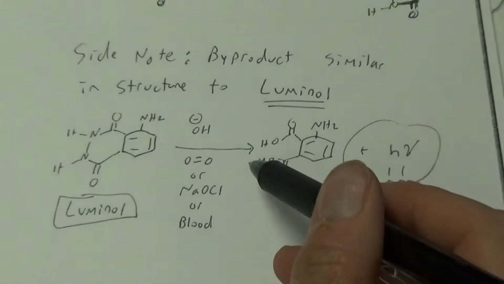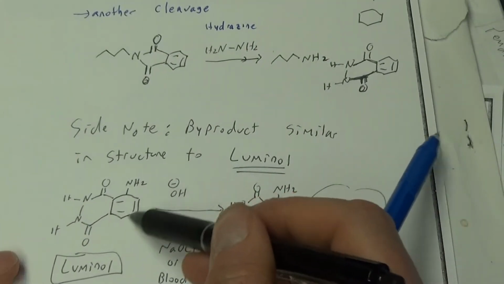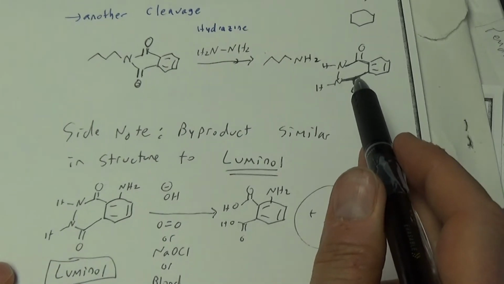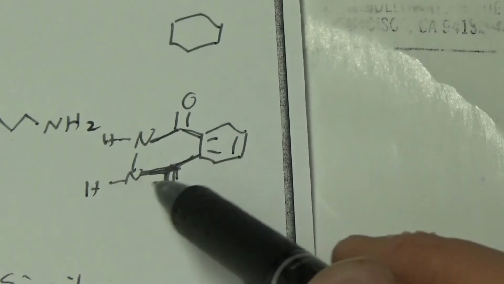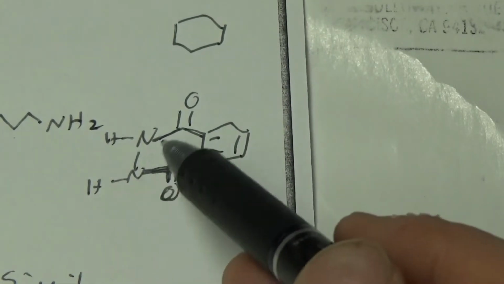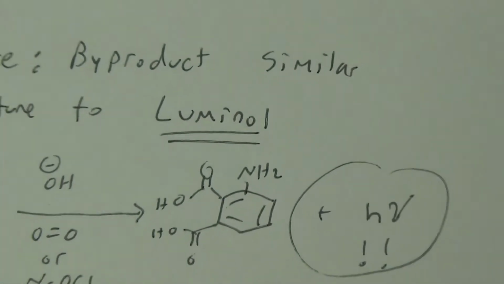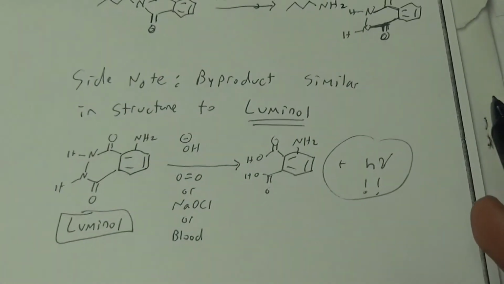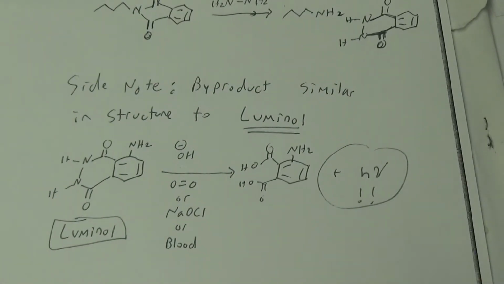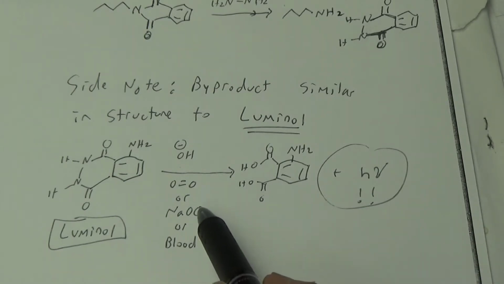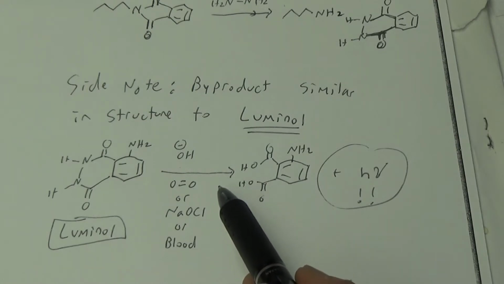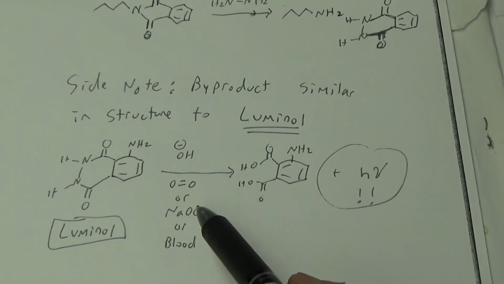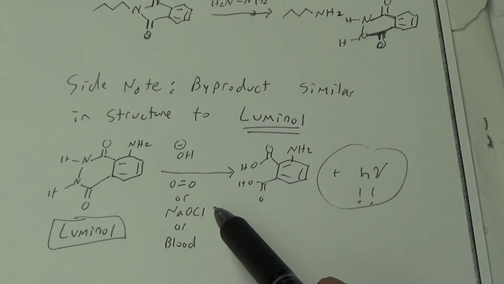And this is randomly structurally related to this byproduct of the Gabriel, which I drew kind of poorly. It's again just a 6-member ring, like a hexagon, and then a benzene. Okay, so that's what luminol is, and what an application of it is in forensics, and also just as a fun kid's toy of little glow sticks that you've probably seen around. Okay, that's luminol.